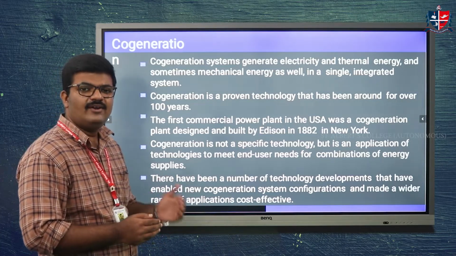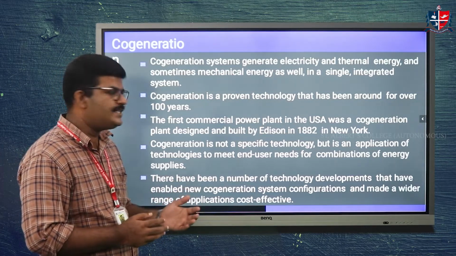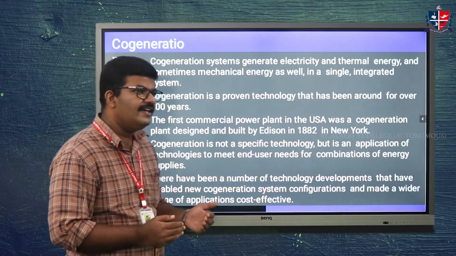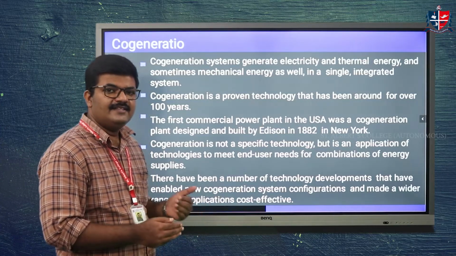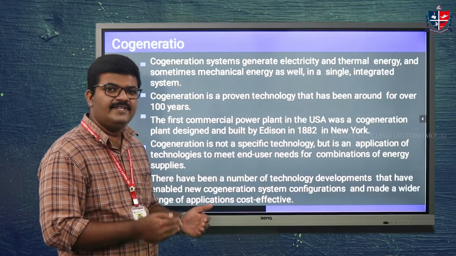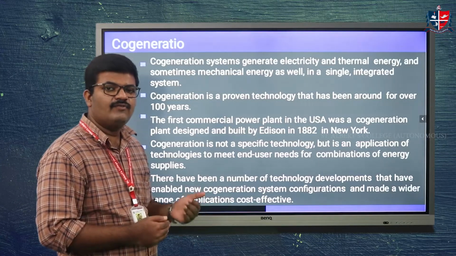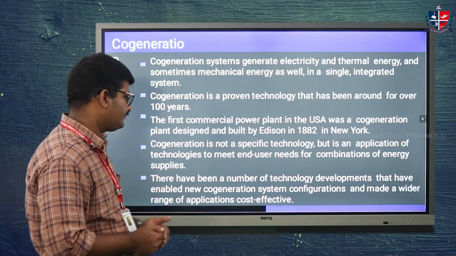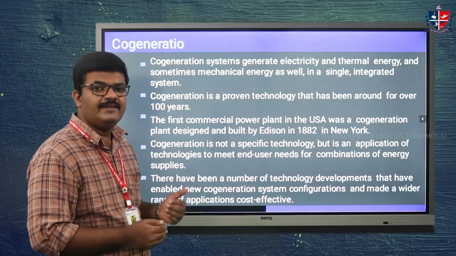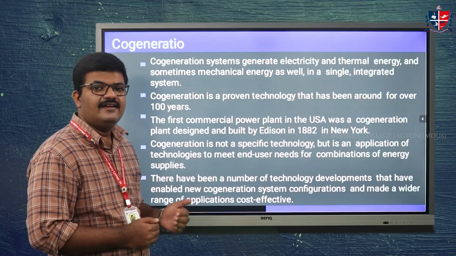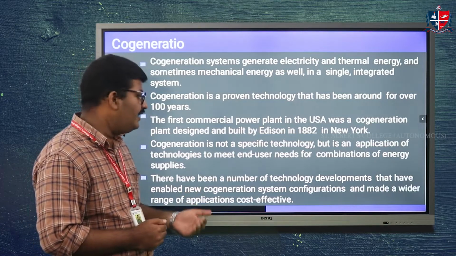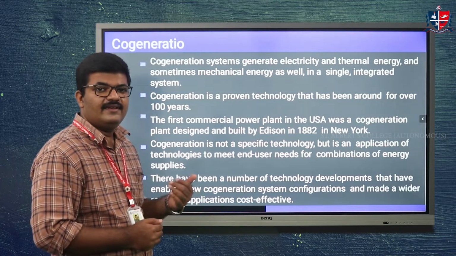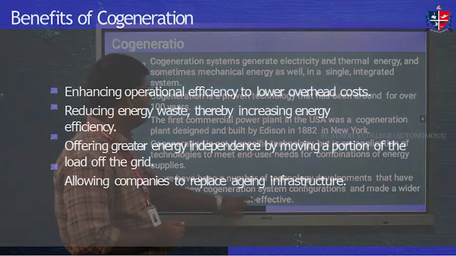Cogeneration is not a specific process or specific technology. We can combine this cogeneration system with different industries for the generation of electricity and thermal energy. Many developments and research are carried out for inventing different cogeneration methods.